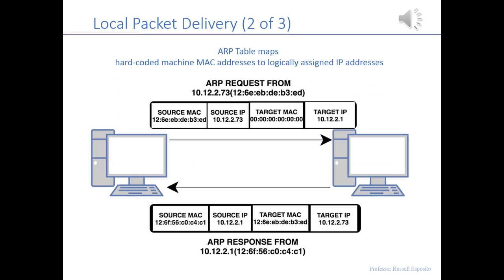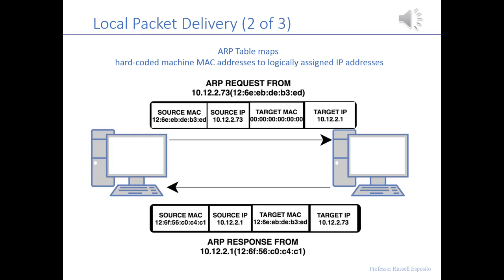In the previous slide, we discussed how the MAC address is used for communication within a network. And the MAC address is stored in the machine, and on the network it's stored in what's called an ARP table. Now, the ARP table is important because it also associates a MAC address with an IP address.